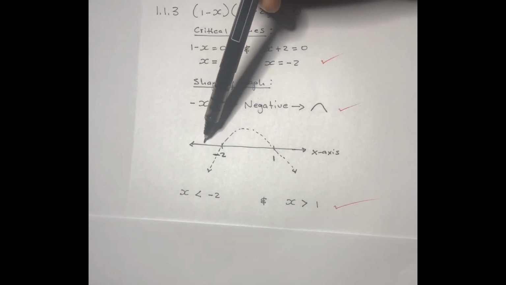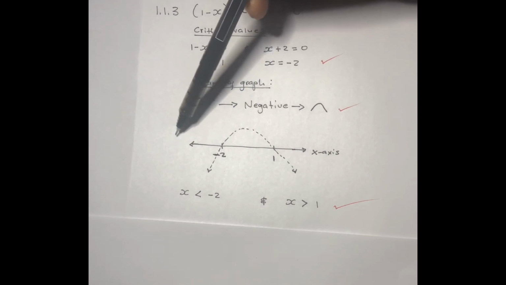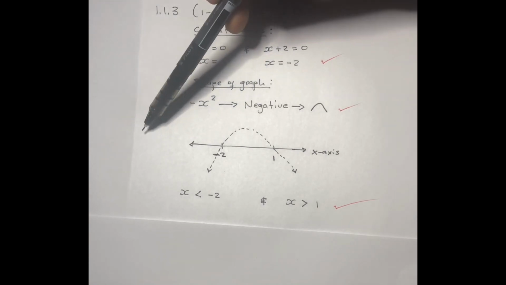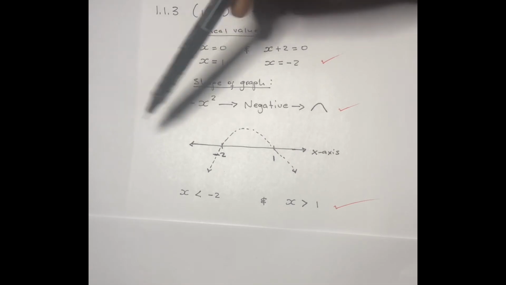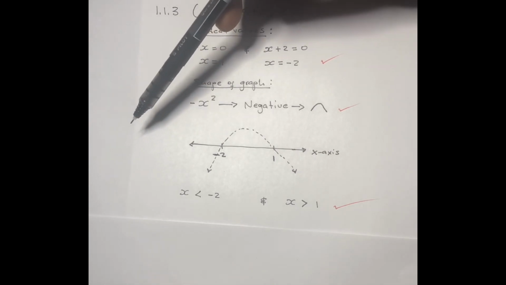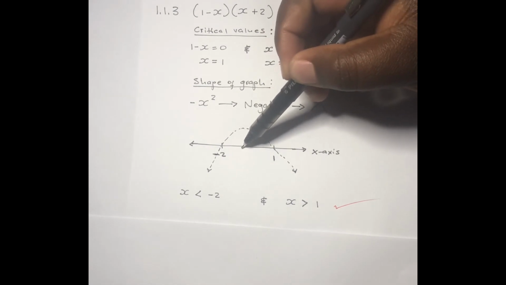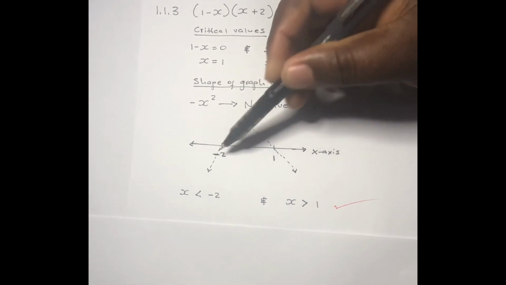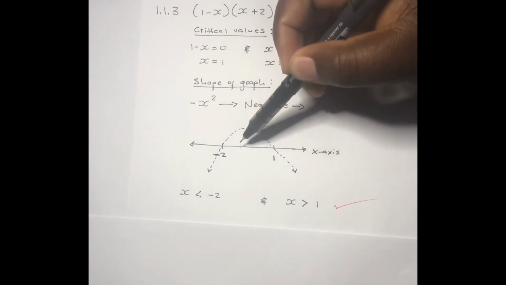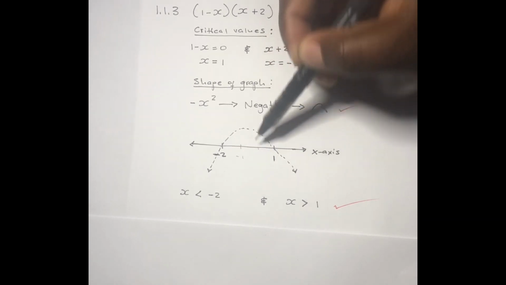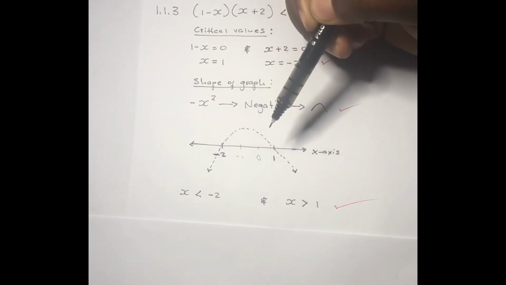It could be -3, it could be -5, -1,000, -1,000,000, or negative whatever. And then from there, we'll also test values which are between our critical values. So we can test -1, and we can also test 0.